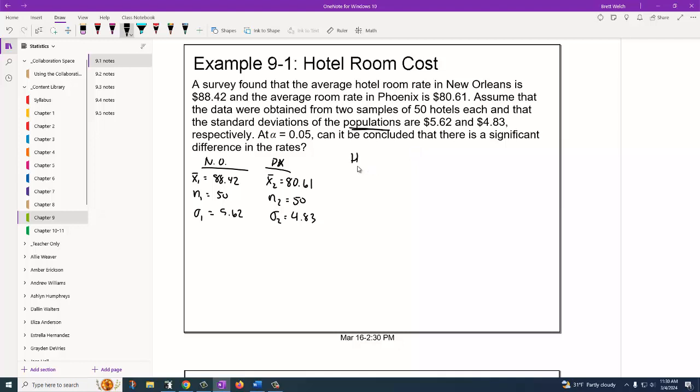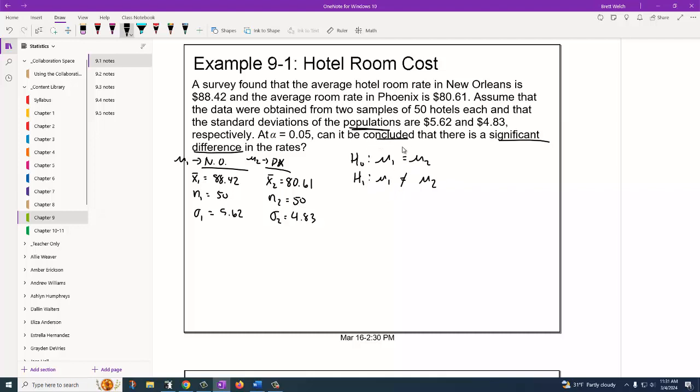All right, so let's start with our null hypothesis: mu1 equals mu2. I'm referring to mu1 as New Orleans, that's why it's group 1, and mu2 as Phoenix. The alternative hypothesis is that mu1 is what to mu2? We want to say that there's a significant difference in the rates, so we're just saying not the same.